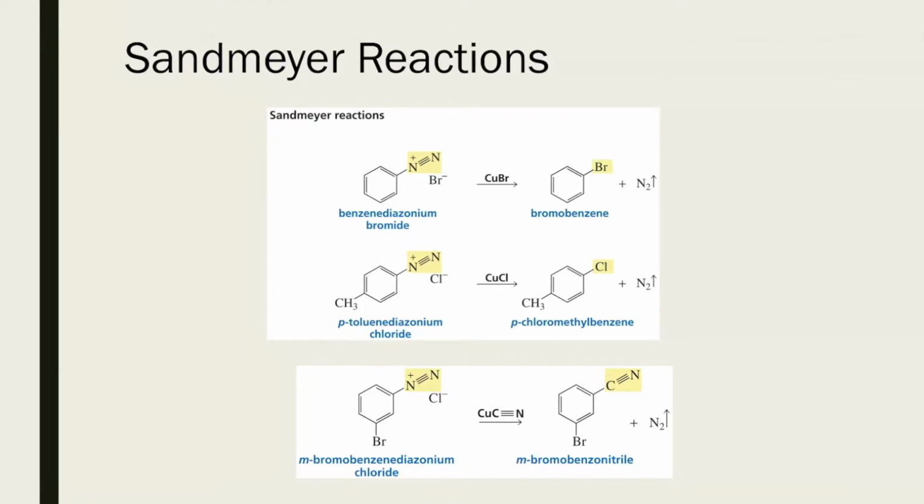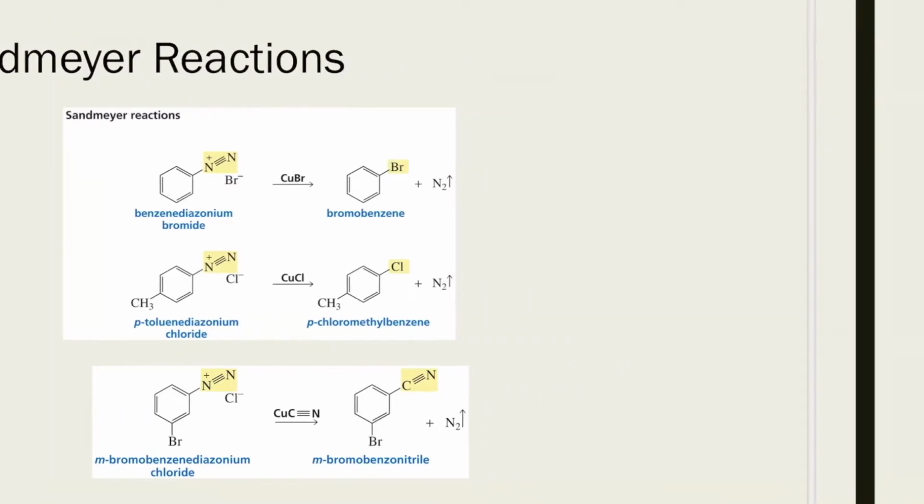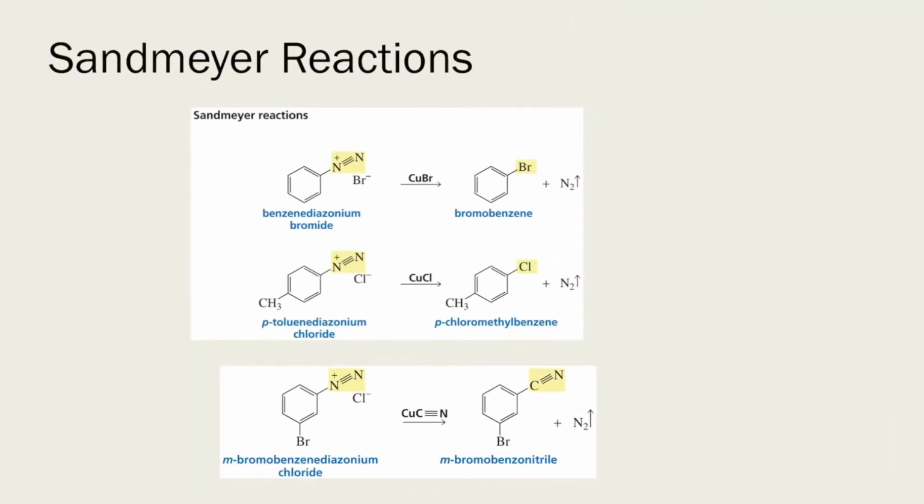So basically, this is the Sandmeyer reaction, and in all of this, the benzene diazonium chloride salt is destroyed to give nitrogen gas. And remember, in the Sandmeyer reaction, we cannot use KCl or KBr.